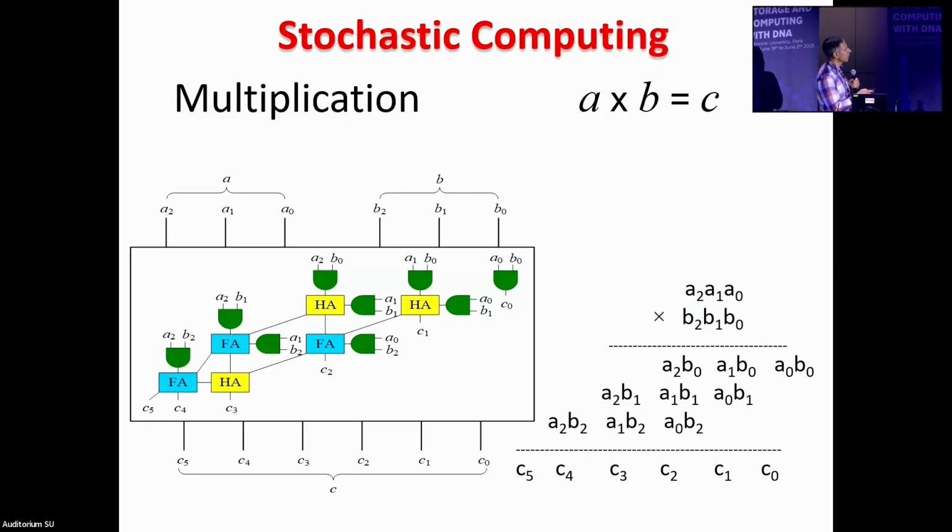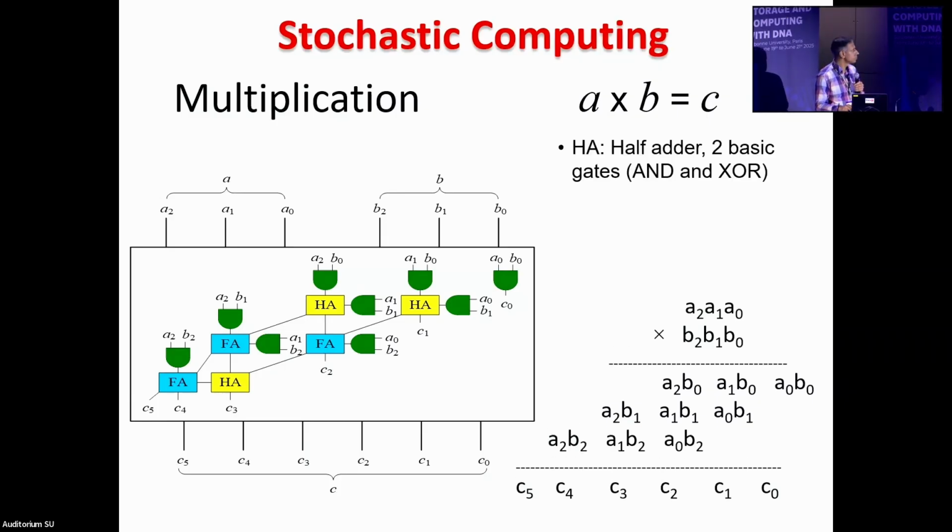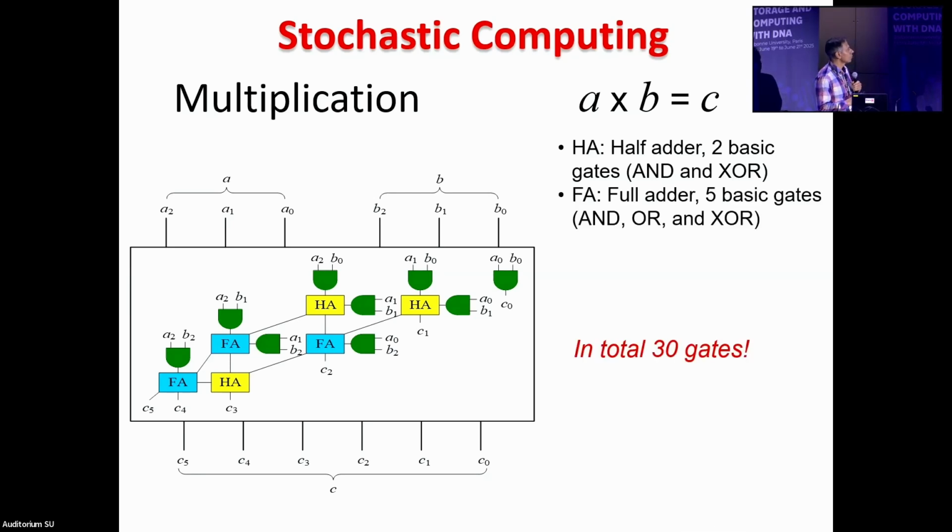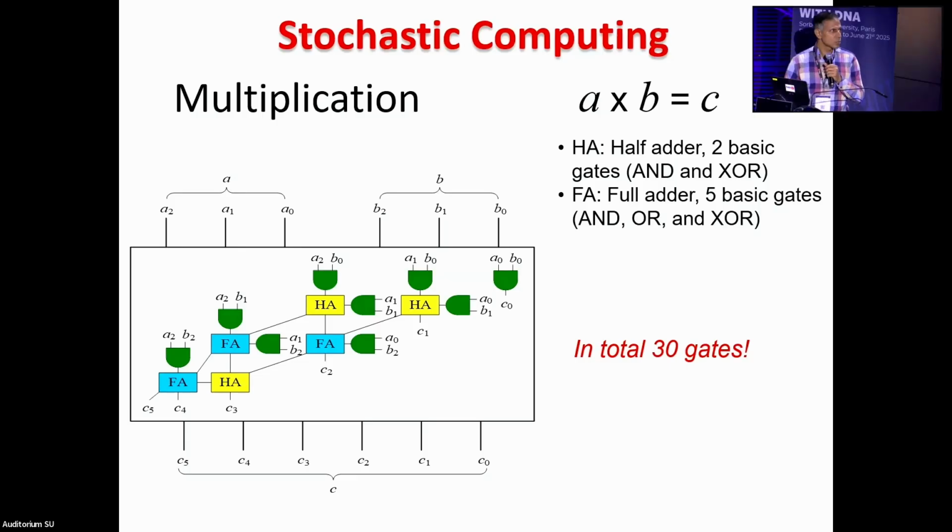It has some AND gates, half adders, and full adders to perform this 3-bit multiplication. If we consider each half adder has 2 basic gates and each full adder 5 basic gates, in total, we need 30 different gates to perform a 3-bit multiplication.